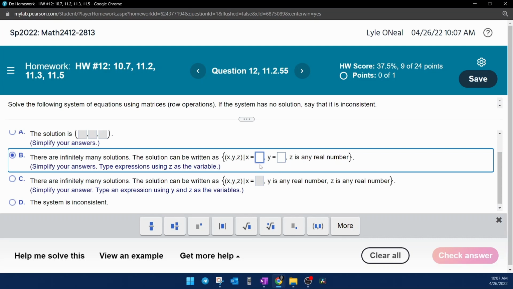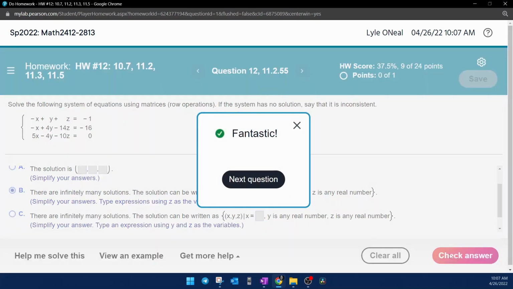So x was 6z minus 4, and y was 5z minus 5. And checking to see if we're right, and we are. And that's going to do it for that problem.